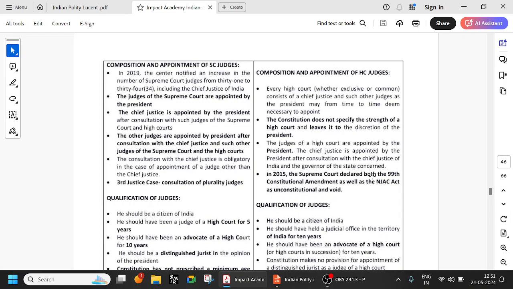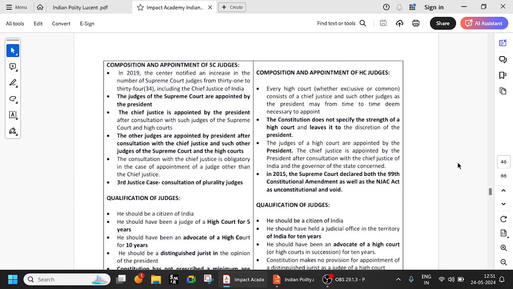In 2015, the Supreme Court declared both the 99th Constitutional Amendment as well as the NJAC Act, the National Judicial Appointments Commission, unconstitutional and void. Parliament wanted to bring in members from the Lok Sabha, etc. Right now we have a collegium system, so judges select the judges.